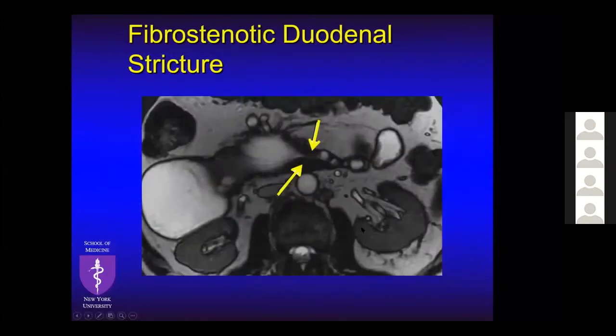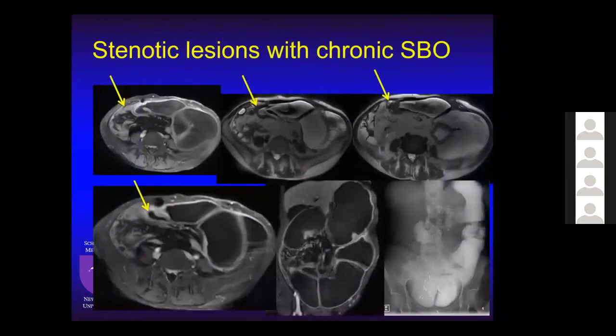So that was fibrous. How can we confidently exclude active inflammation? I mean, you will have to use all of the grab bag of tools that I just whirlwind whipped through. Here, for example, this was a stenotic lesion with chronic SBO, and usually they've been imaged and that stricture's there over several months.